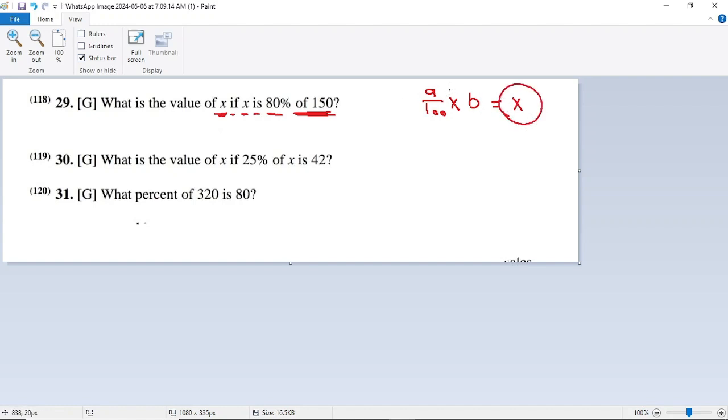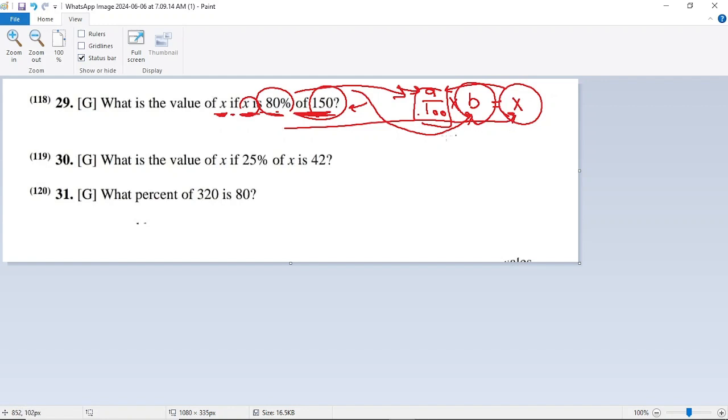X is the percentage value, A is the percentage, and B is the whole number, okay? So let's apply this equation on this question. Here it is saying what is the value of X if X is 80%, so 80% is the percentage, okay? Of 150, this is the whole number. So what is the X?